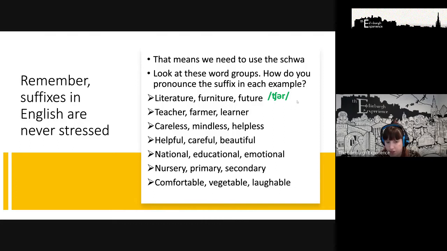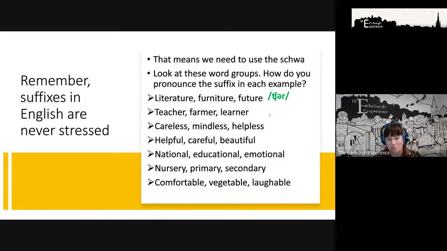Yeah? Literature, furniture, future. Okay. Have a look at the others. Take a minute, pronounce them. Make sure you say it out loud, because remember, sounds can be different in your head. So speak out loud and try pronouncing the groups of words and see if you can think about how we would correctly pronounce each of these suffixes.